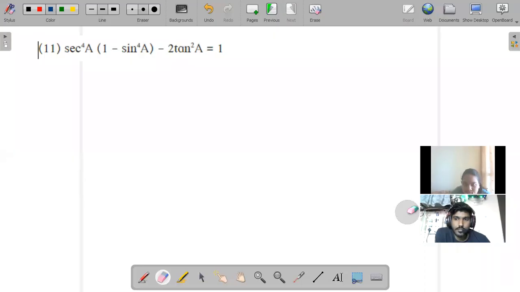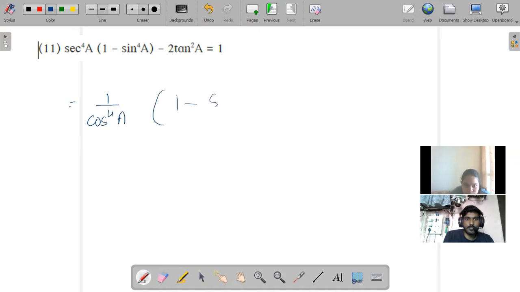Now you stop screen sharing. Yeah, I can see it. Okay, so you have written it like this, right? 1 upon cos raised to 4a, 1 minus sine raised to 4a minus 2. After this, what have you written? Sine 4a upon cos 4a.